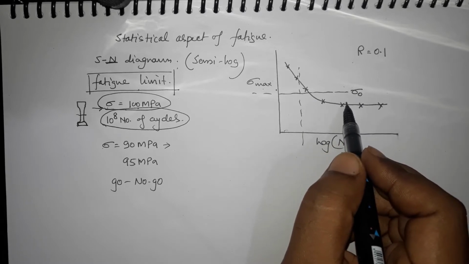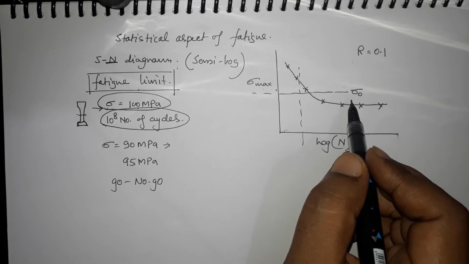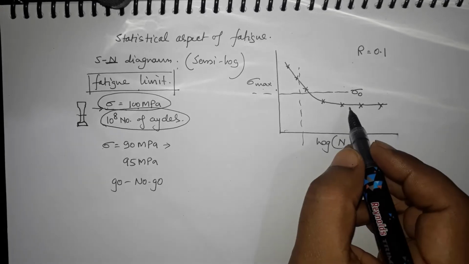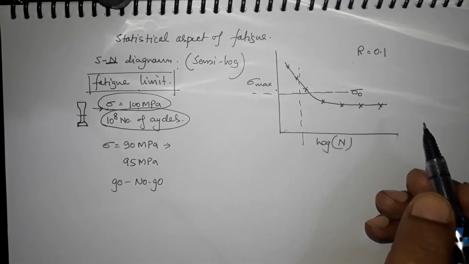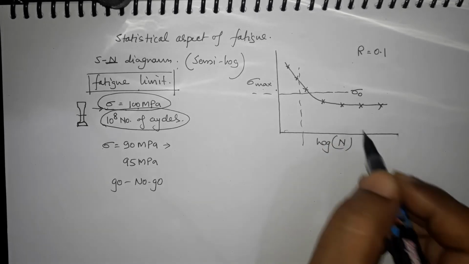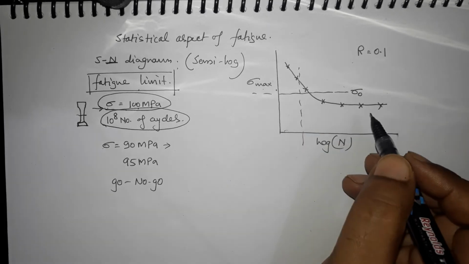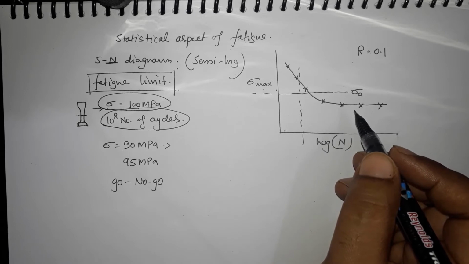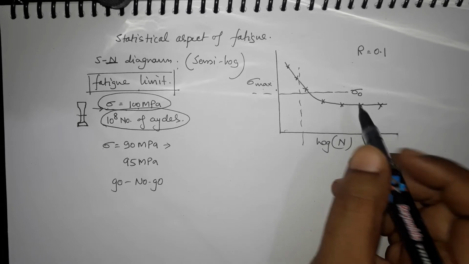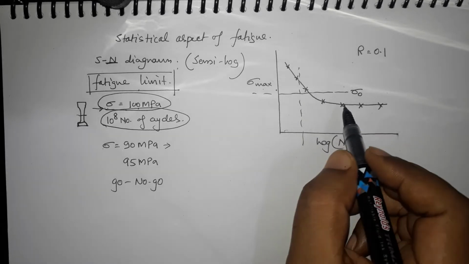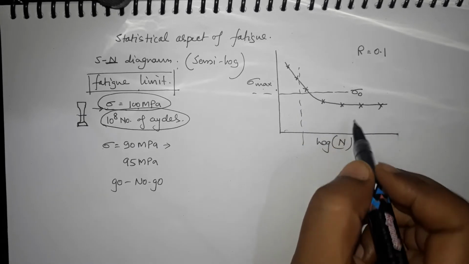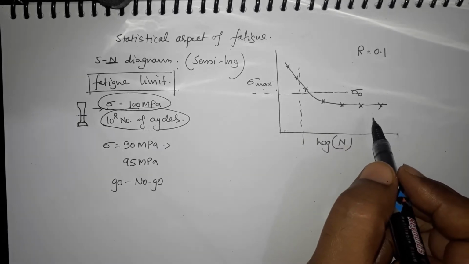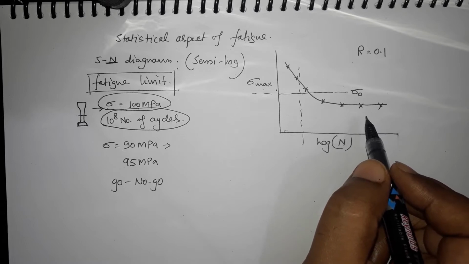Even if the material is in elastic deformation, the material is failing, and we are not talking about brittle materials, we are talking about ductile steels. We are not talking about a very low temperature, we are talking about room temperature, even higher temperature, where materials, especially metallic materials, are known to deform in a ductile way. So when the material is ductile and we are applying a stress which is lower than the yield strength, even then the material is failing. So in elastic deformation, the material is failing.